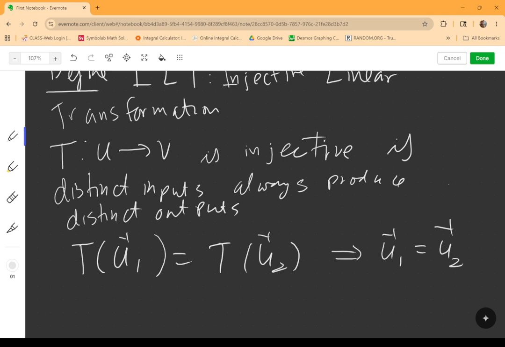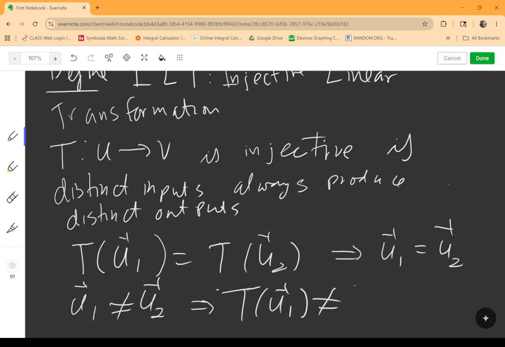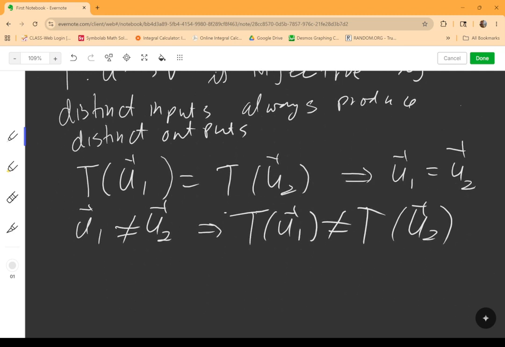Or equivalently, this statement has something called the contrapositive: if we negate the conclusion, if U1 does not equal U2, then T of U1 does not equal T of U2. These two statements are equivalent.